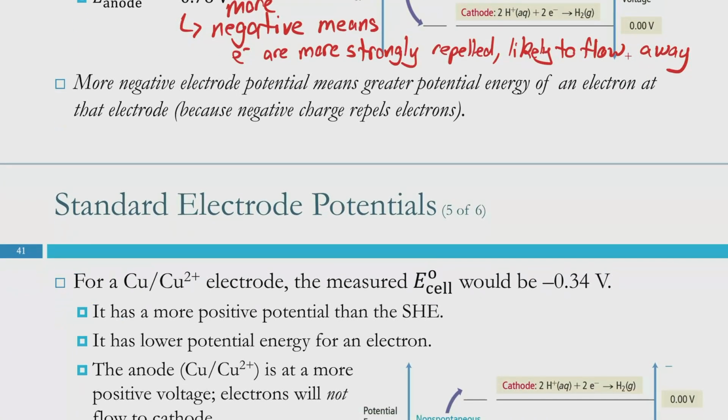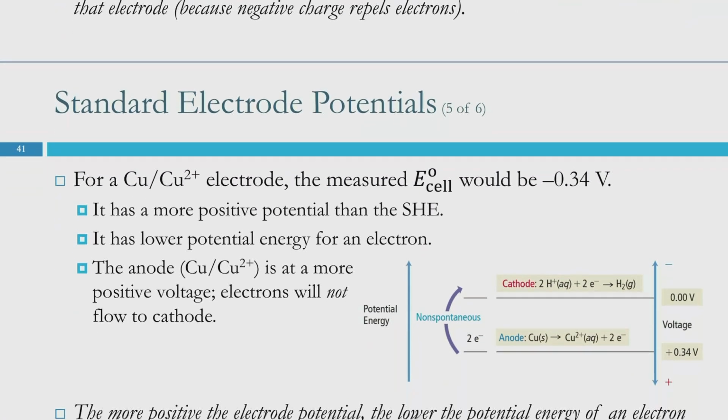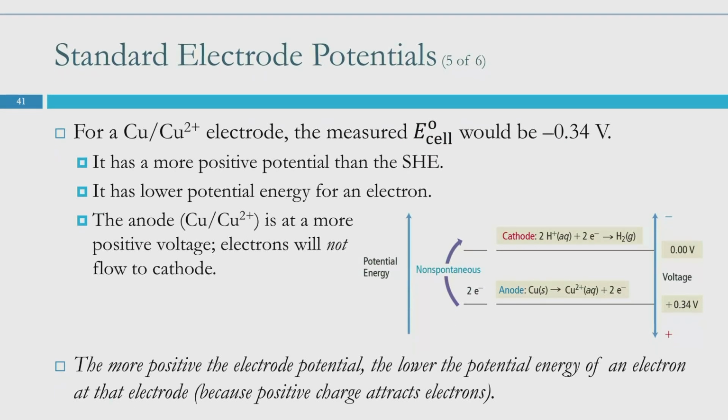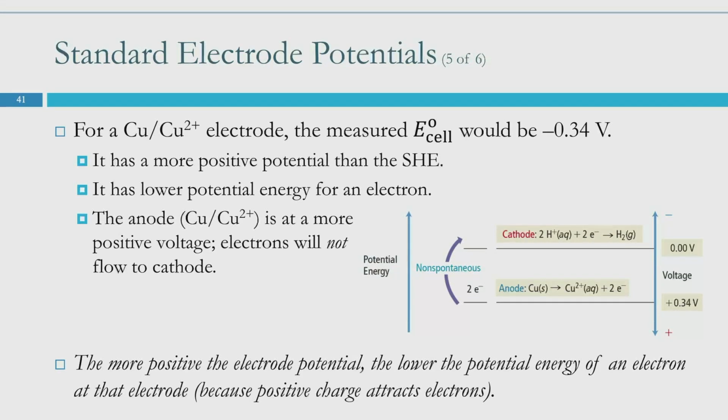If we measured a copper and a copper 2+ electrode, so looking at a different half cell, our measured standard cell potential is negative 0.34. It's more positive potential than the standard hydrogen electrode. So it's going to send electrons. No, sorry, it's the other direction.